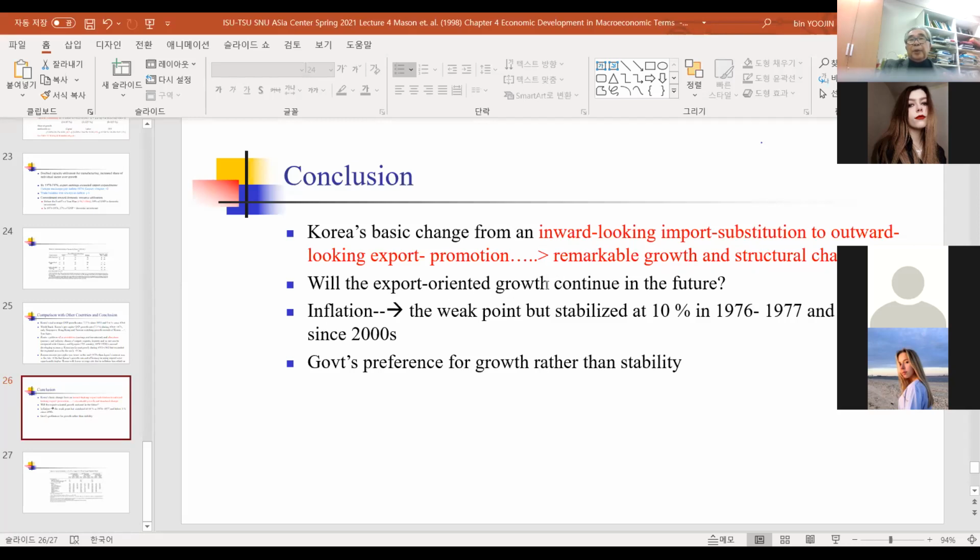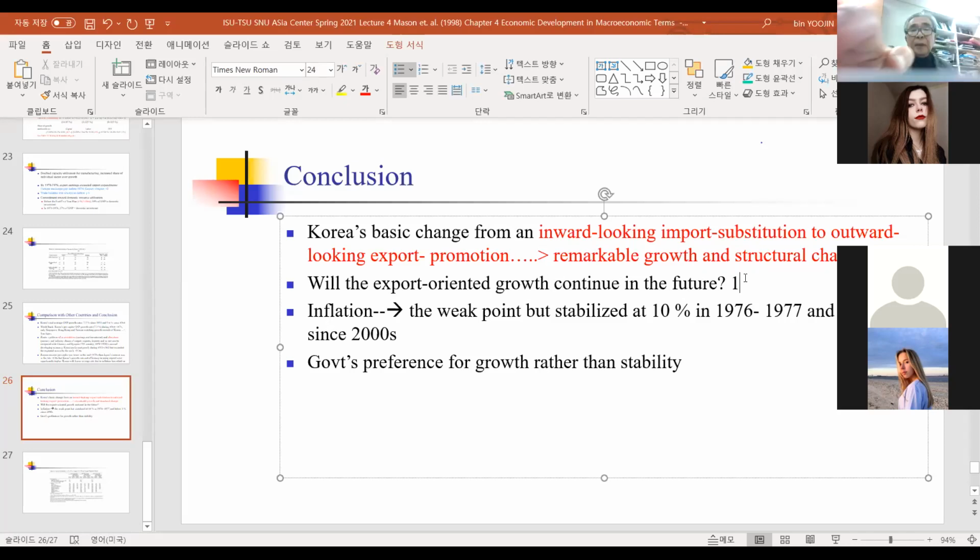Will the export-oriented growth continue in the future? This conclusion means roughly around 1979. At the time of writing of this book, 1979, the authors were questioning whether, in the future, Korea will be able to make an export-oriented growth.